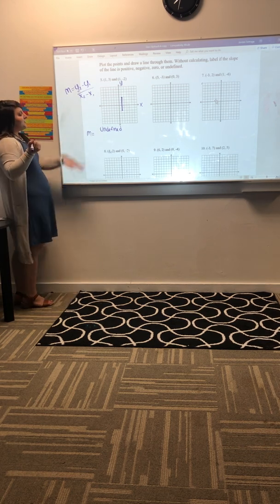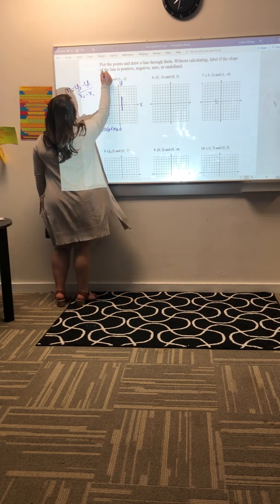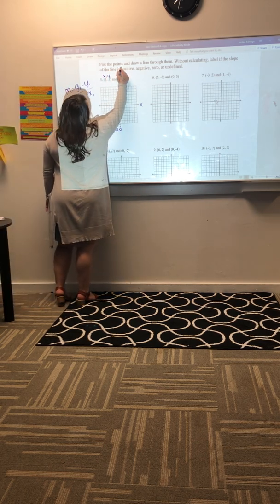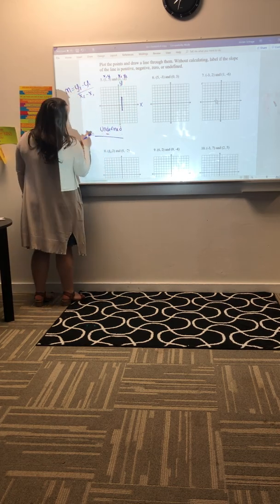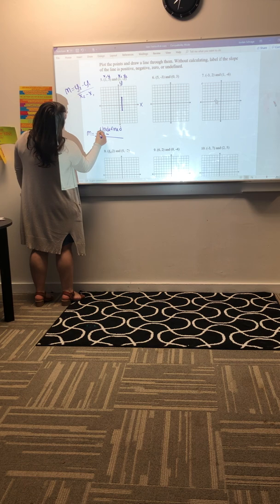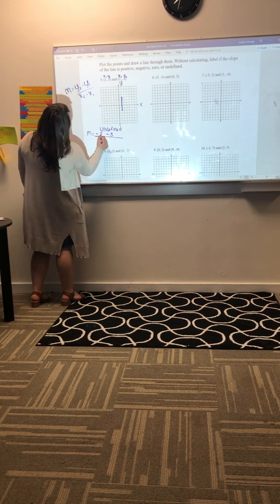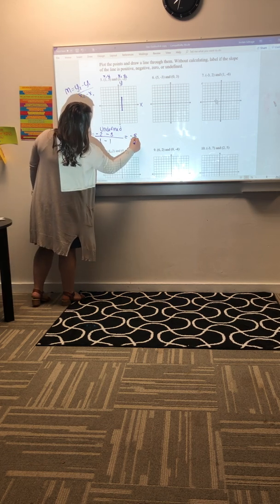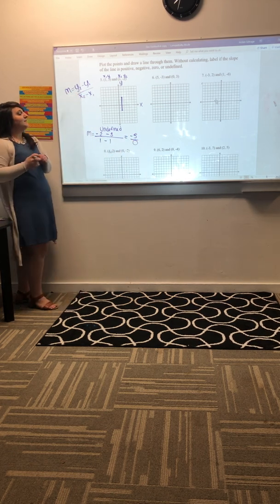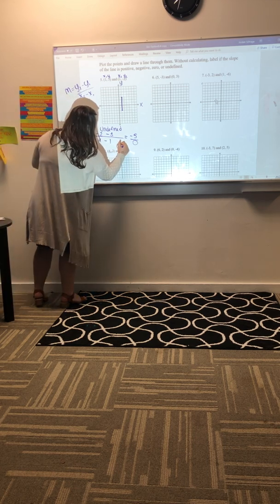All right, before we actually substitute it into the formula, let's label our coordinates. All right, what's negative 5 divided by 0? Undefined, good.